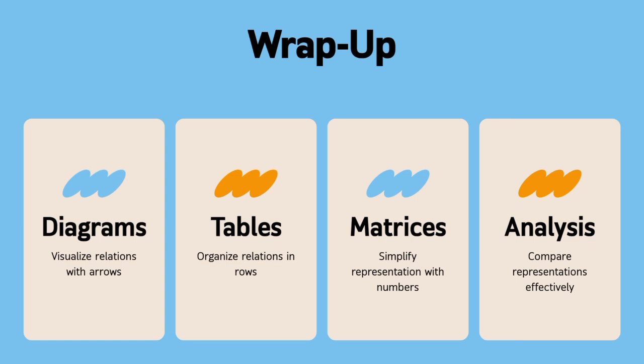Each method has its strength. Arrow diagrams are intuitive, tables are structured, and matrices are efficient. By comparing them, we gain a deeper understanding of how relations work.